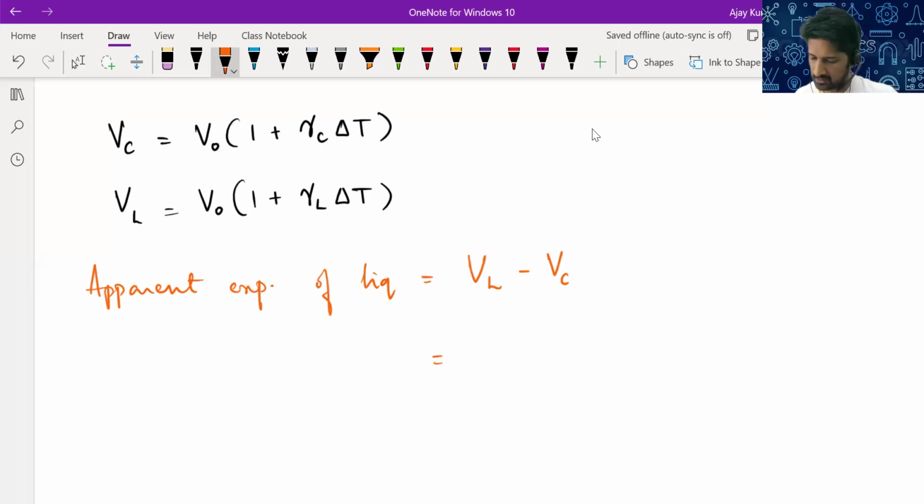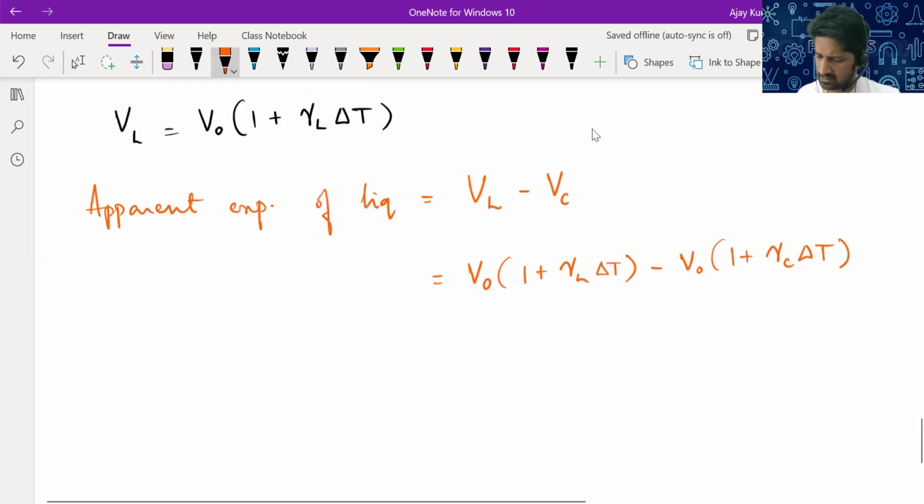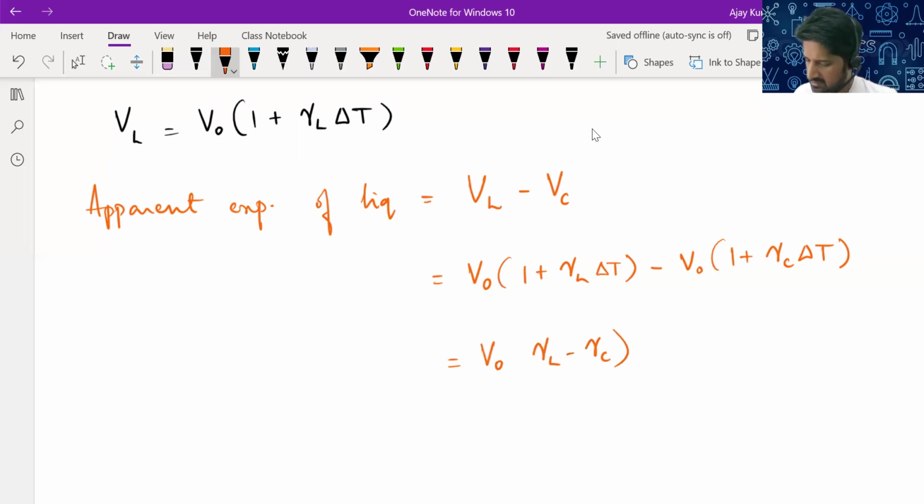And how do you write an equation for this? V naught into 1 plus gamma of liquid delta T minus V naught into 1 plus gamma of container delta T. V naught is common, then the brackets, if you subtract 1 plus gamma L delta T minus 1 plus gamma C delta T, 1 and 1 will get cancelled. You get gamma L minus gamma C delta T. This is apparent expansion.